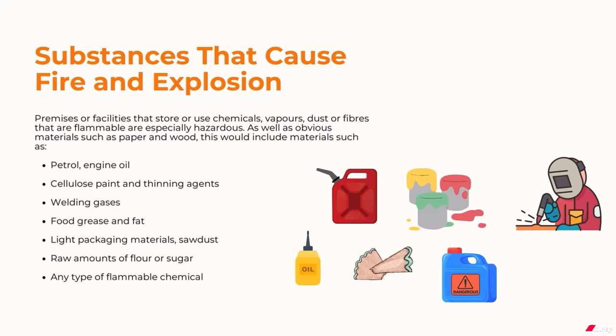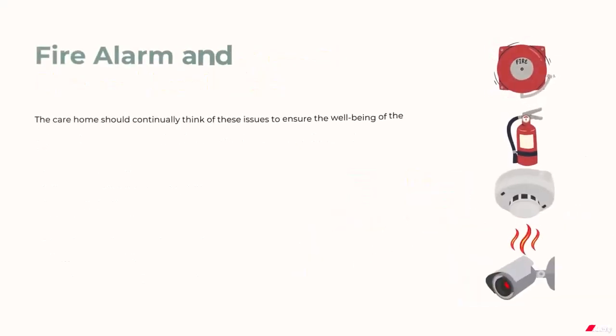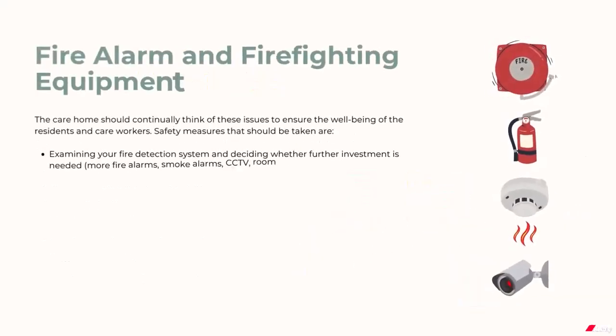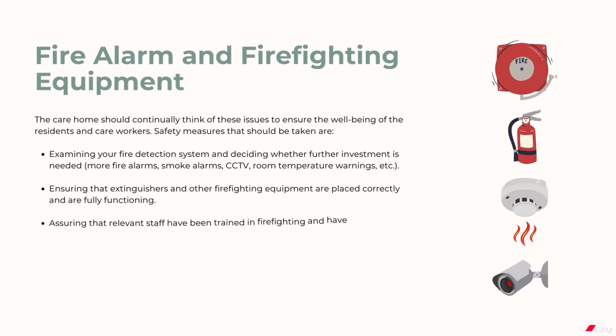These would include materials such as petrol, engine oil, cellulose, paint and thinning agents, welding gases, food grease and fat, light packaging materials, sawdust, raw amounts of flour or sugar, any type of flammable chemical, fire alarm and firefighting equipment.